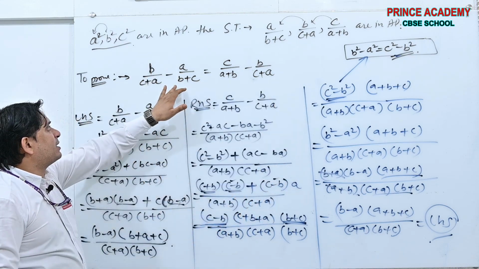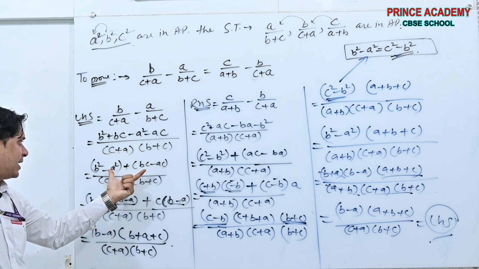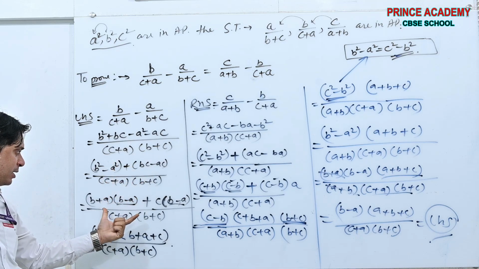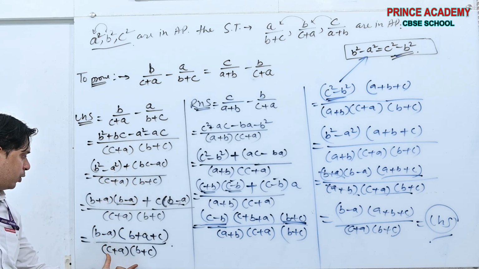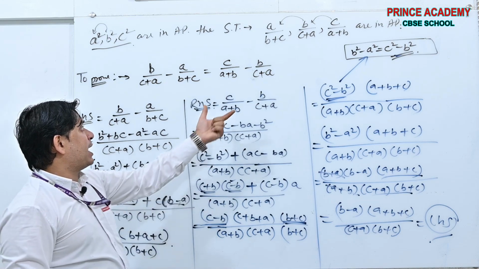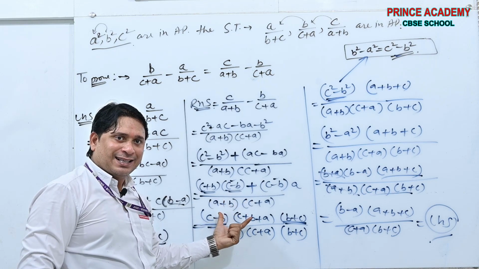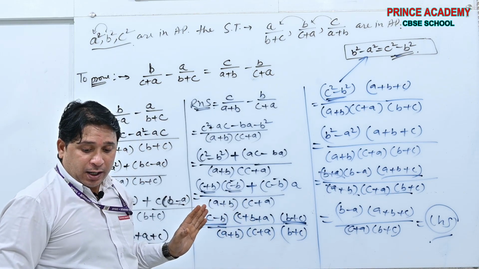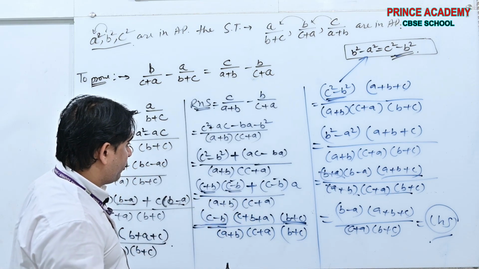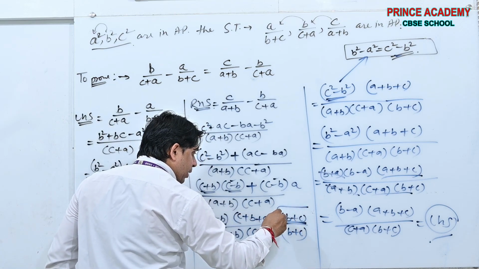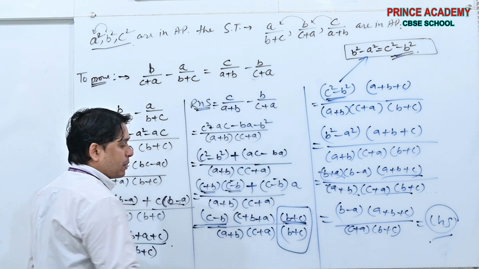We took the left hand side, took the LCM, took the common where it was possible, and then finally we got it. Same here, we took the LCM and started the procedure like a simple algebraic question. The last step here, I am highlighting, beta, it was the special step.